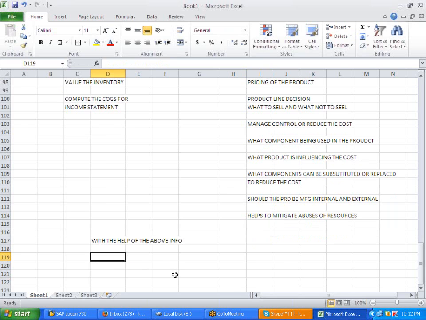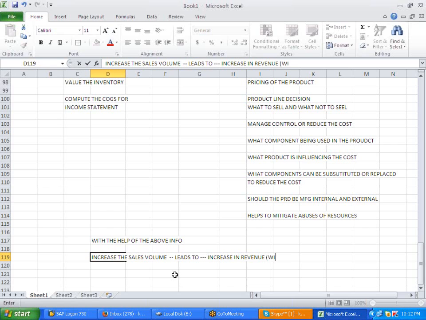Decision. It will help them to increase the sales volume. Every company will try to increase the sales volume, right? Which leads to an increase in revenue. But with what?